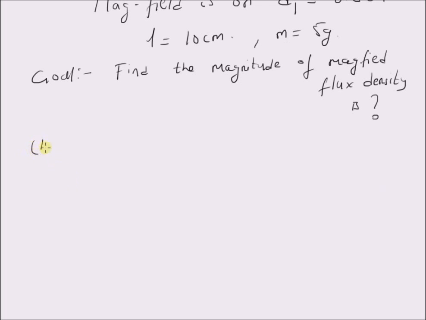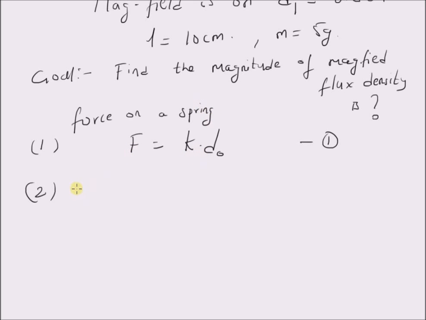So the first step is to use the formula for a force on the spring, that is F equal to the spring constant k multiplied by the stretch d naught. That is, when the magnetic field is turned off, this is the equation for the force. So this is equation 1. This is the force on a spring.